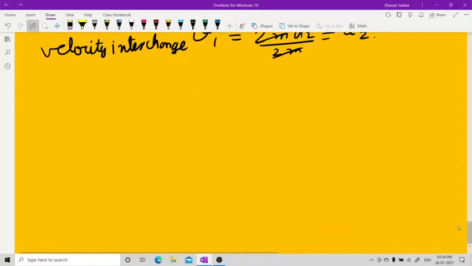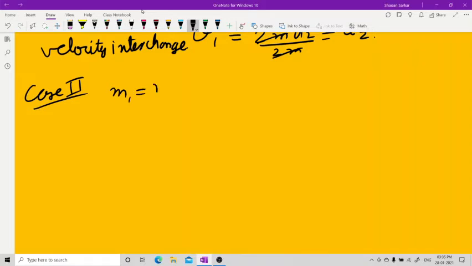Now we will take the second case, case 2. Case 2 will take m1 equal to m2 equal to m, but now the second body is at rest.